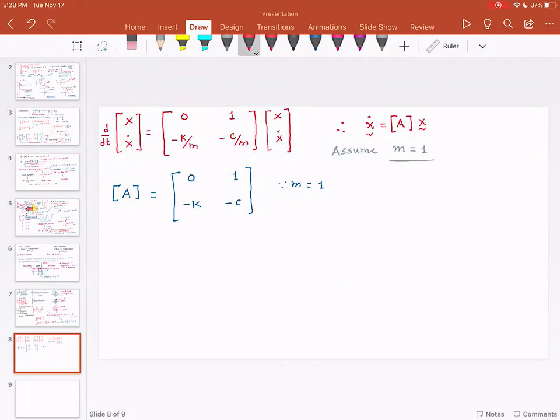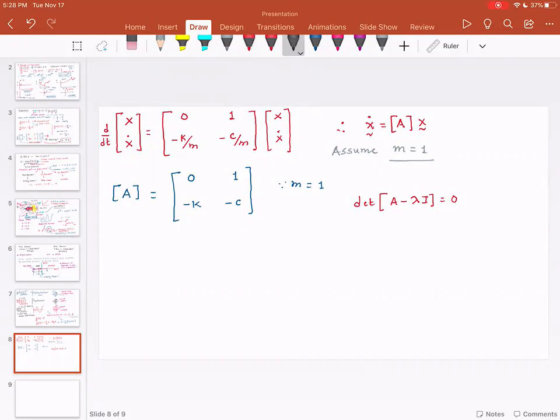How do we find the eigenvalues of the matrix? We say the determinant of A minus lambda I is equal to 0. We solve this equation, determinant of A minus lambda I is equal to 0.